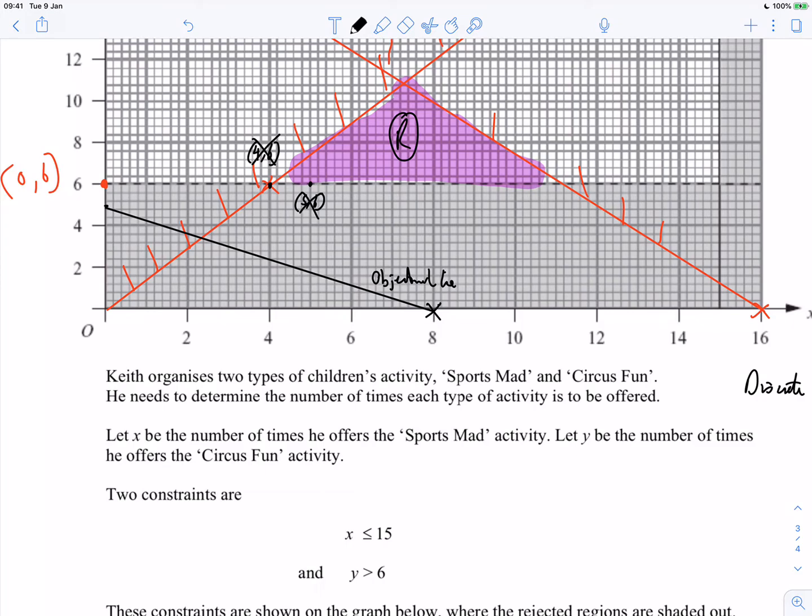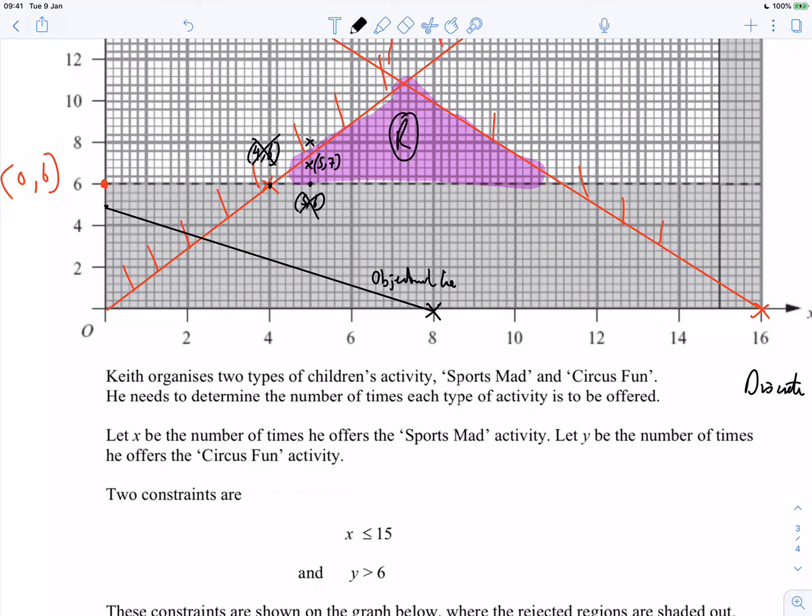Can I have 5, 7? I believe 5, 7 is there. Interesting, it looks like 5, 7. We can't have 5, 8 because that's up here.